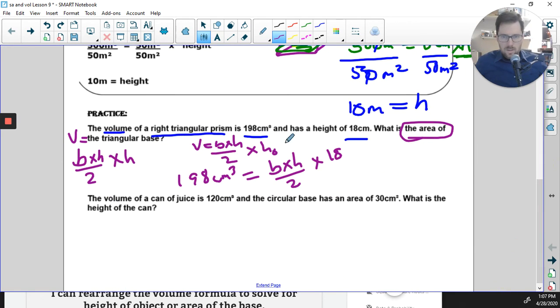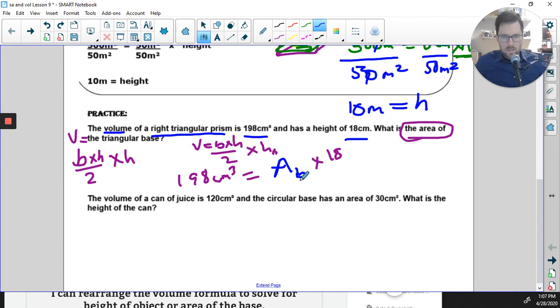Okay, so instead of base times height over 2, I'm just going to change this to area. I'm just going to write it like this, area of base. Okay, that's how I'm going to write it. So now we've got times 18. What is happening to our variable?